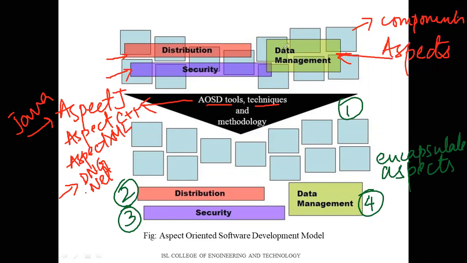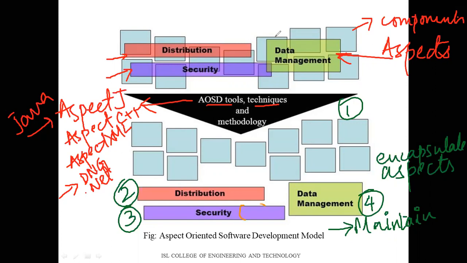Now in here, why are we doing this encapsulation? Why are we doing this modularization? We are doing this because it becomes easy to maintain the software. When you have a clear distinction, a clear picture, suppose you want to make any change within the security, for example a person might be given a promotion, and needs to be provided with some higher level of security to enter into a specific department.